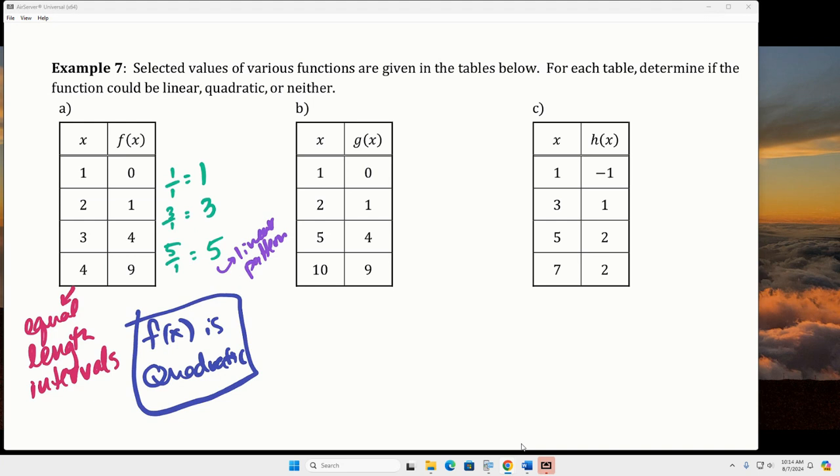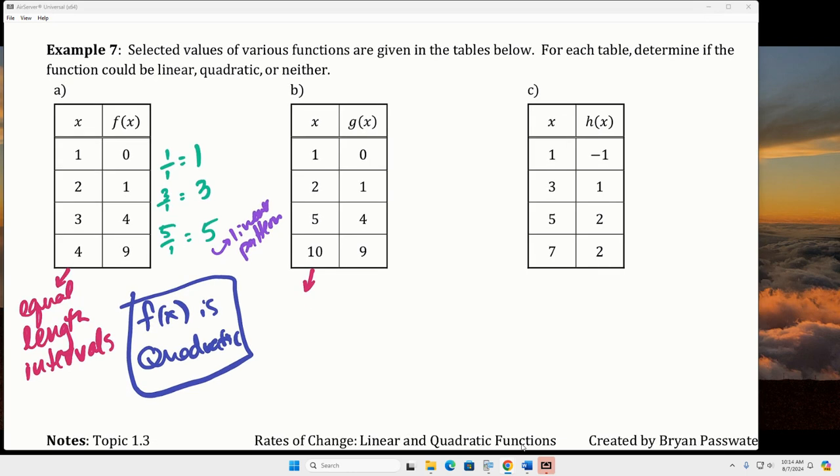All right, let's look at the next one. So our input values, are they consecutive, equal length? No, because I increased by 1 and then 3 and then 5. So we're going to say not equal length. Because of that, we cannot determine if it's quadratic.